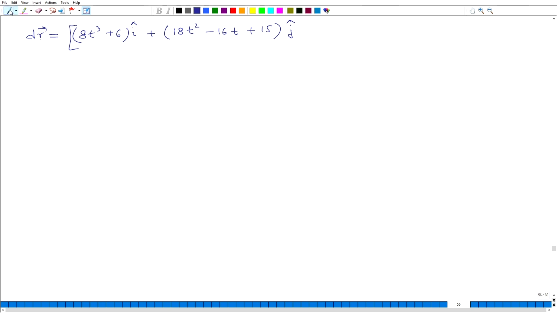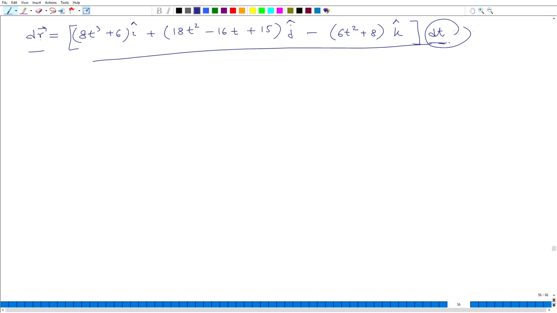Then finally, it will be (-6t² + 8)k cap dt. Okay. So this is a vector now, an infinitesimal vector, whose infinitesimal is actually now transferred on t.